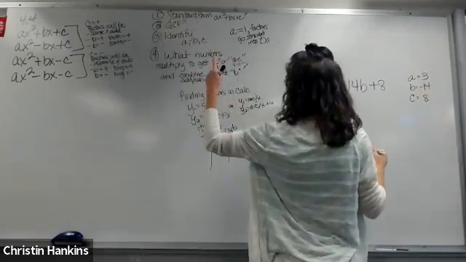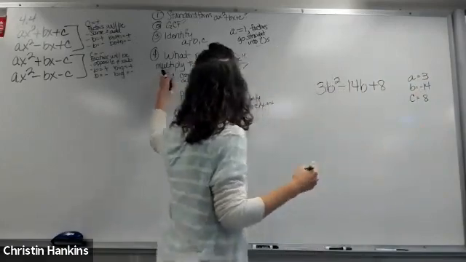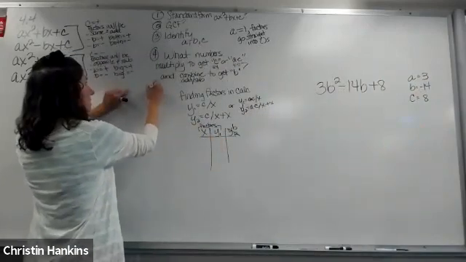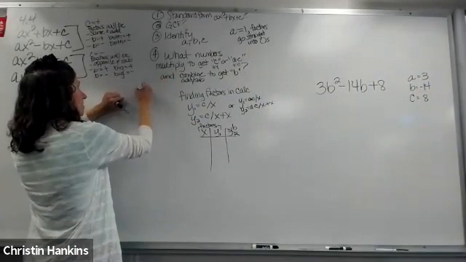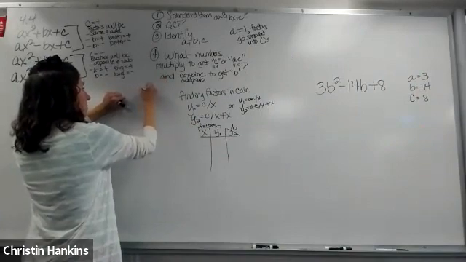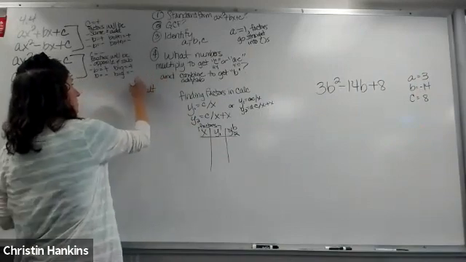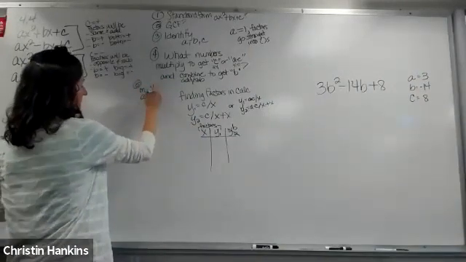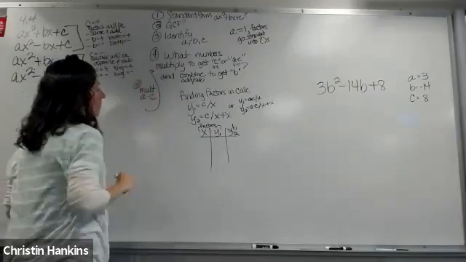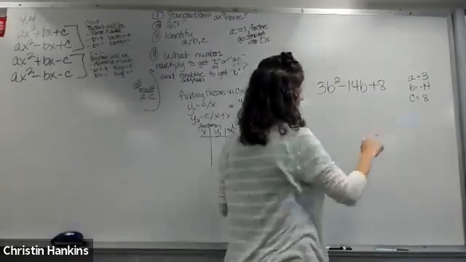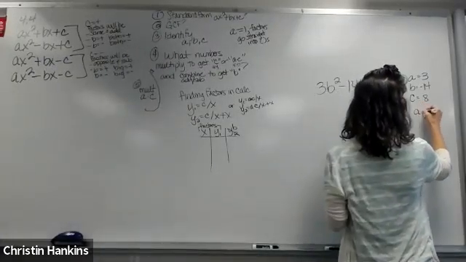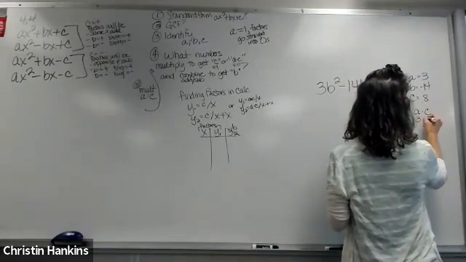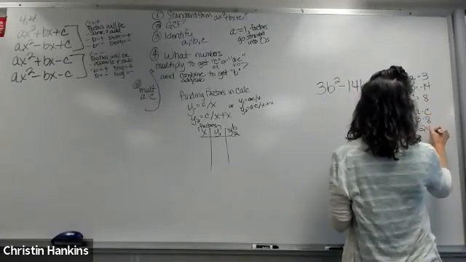So again, identifying the ABC, and to find that out, we need to multiply. Call this step 5 if you want to: A times C, and then factor. Find the factors. So A times C here is 3 times 8, and that's 24.